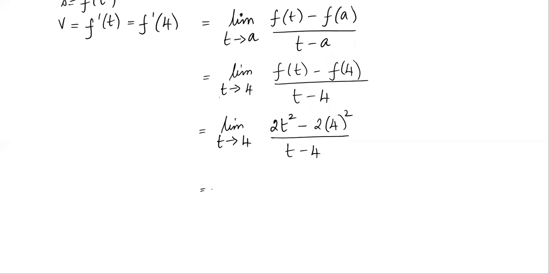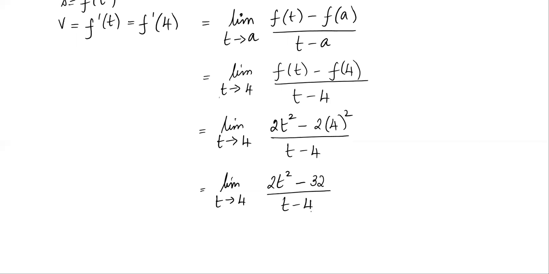That gives us limit t approaches 4, 2t squared minus, you have 4 squared, which is 16. 16 times 2 is 32, right?